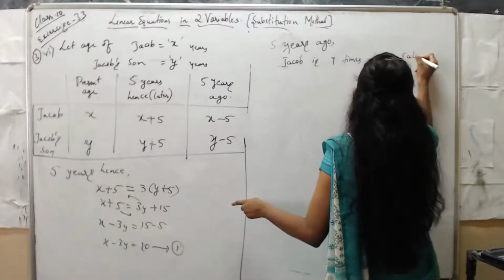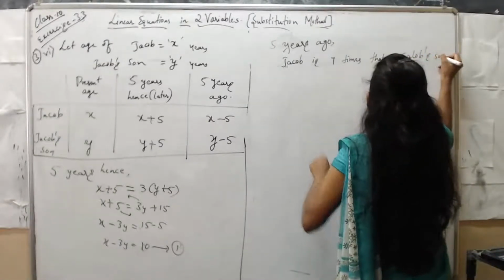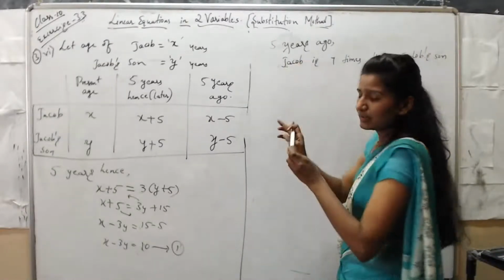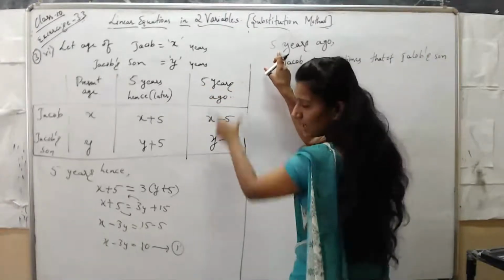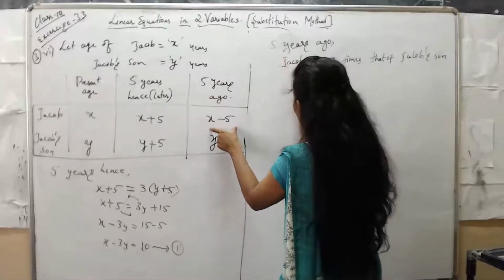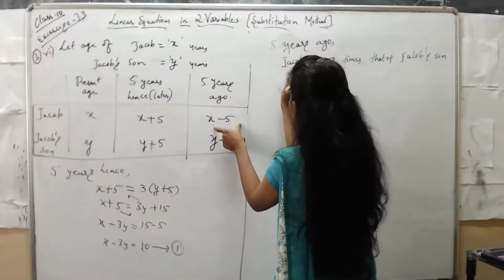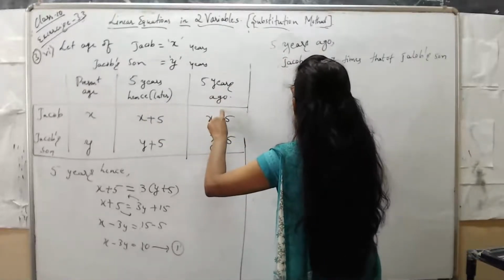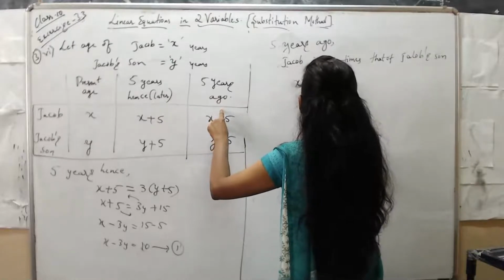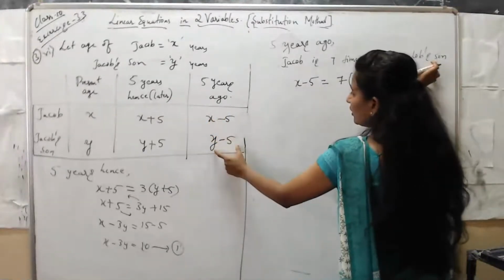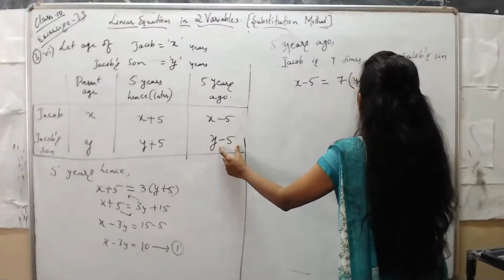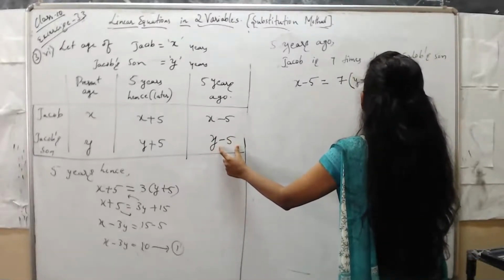See properly, 5 years ago means we have to see this table. 5 years ago, Jacob is x minus 5, which is 7 times that of his son.